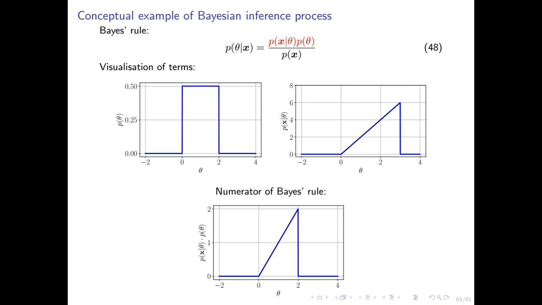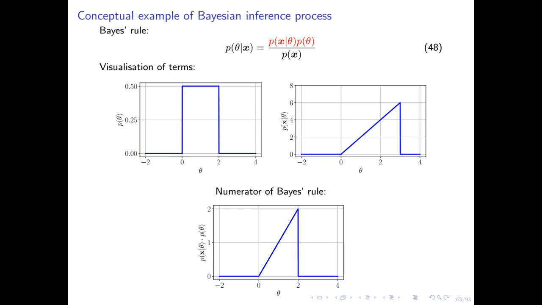To get to the numerator of Bayes' rule, we just need to multiply the prior with the likelihood function. So we calculate these products, and we get this new distribution here. The product of this uniform distribution and this distribution here makes this region 0.